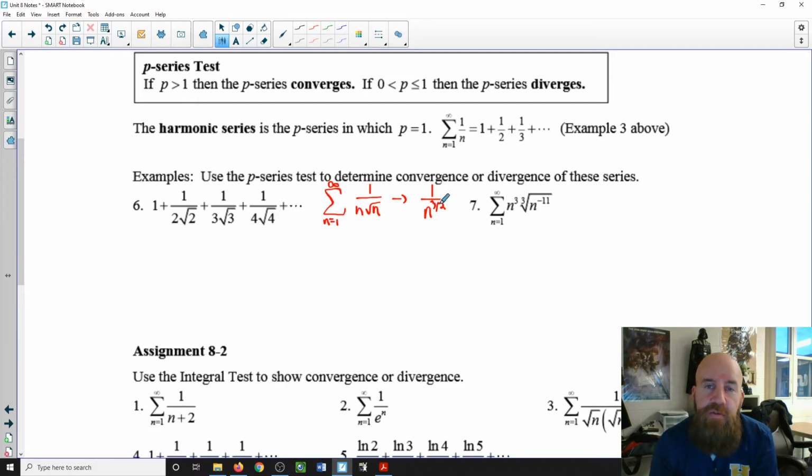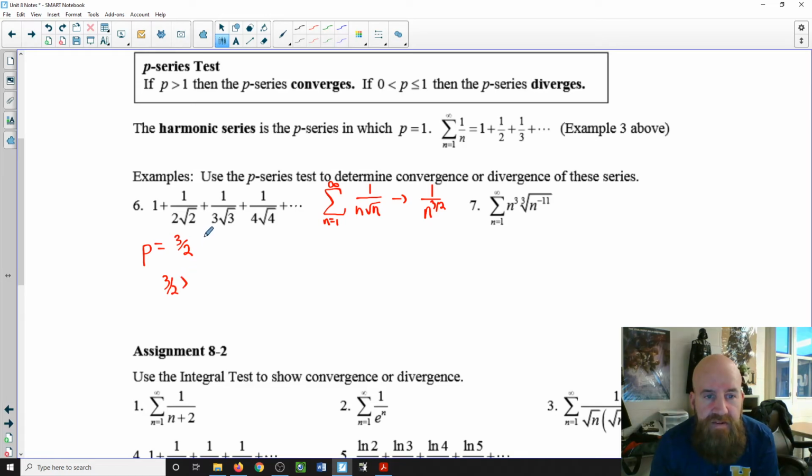We put those together, we get 3 halves power. So P is equal to 3 halves, which is greater than 1.